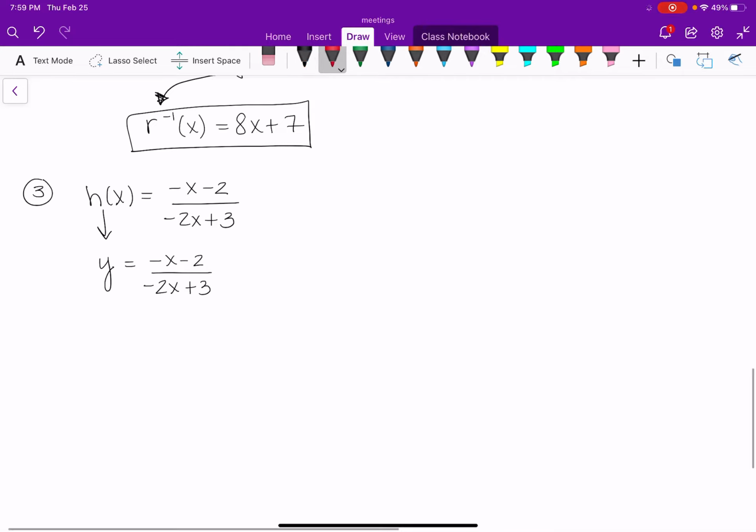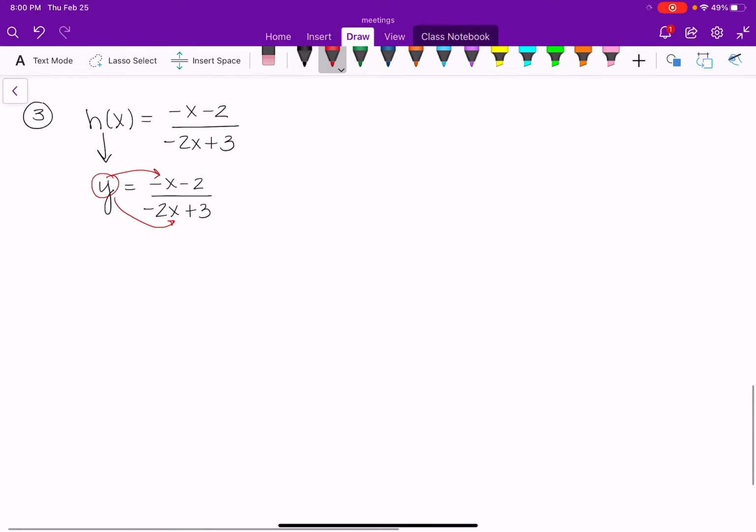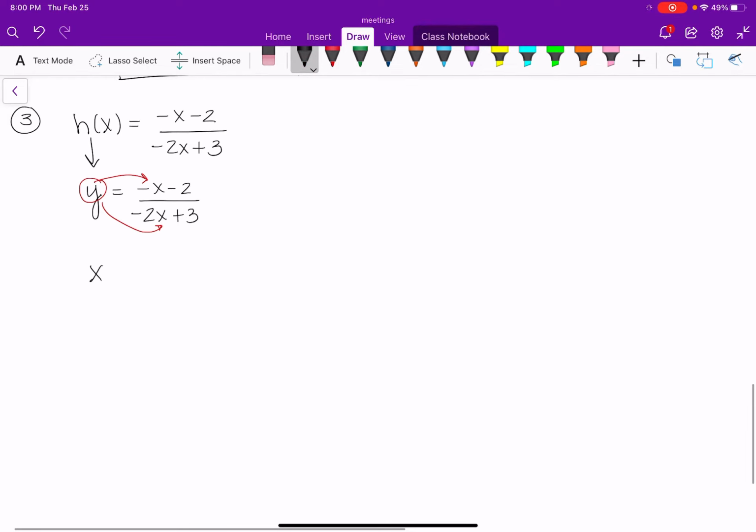Now when we switch this, that y is going to become x, and both of these x's are now going to be y's. Okay, so when we do switch and we have multiple x's in our problem, we'll never have multiple y's, but we can have multiple x's. Every single x becomes a y. So now this becomes x equals -y minus 2 over -2y plus 3.